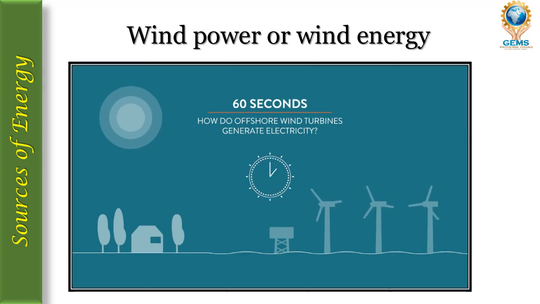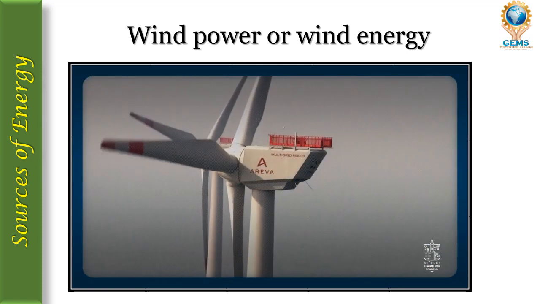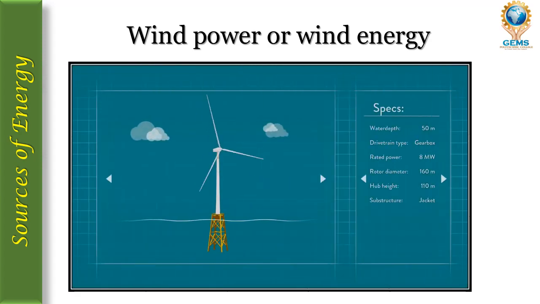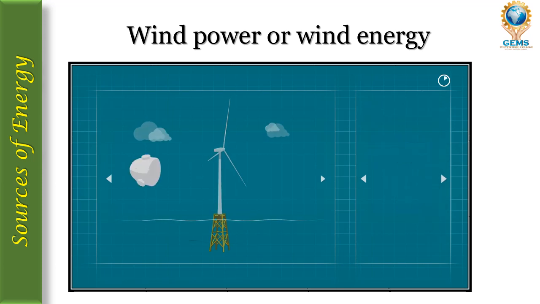How do offshore wind turbines generate electricity? You probably know that wind turbines produce electricity from wind, but how do they do it? Let's take a look at this particular offshore wind turbine. Sensors on top of the turbine measure the wind speed and direction. They signal the yaw motors in which direction to turn in order to point the nose in the wind.